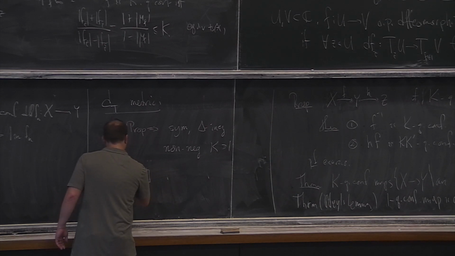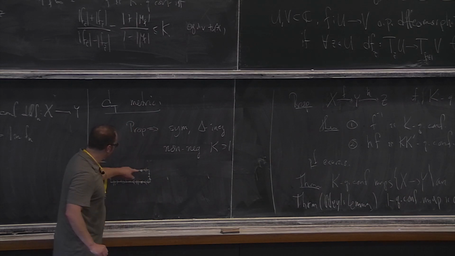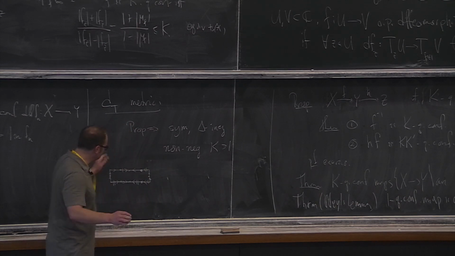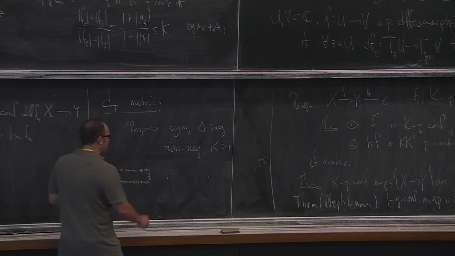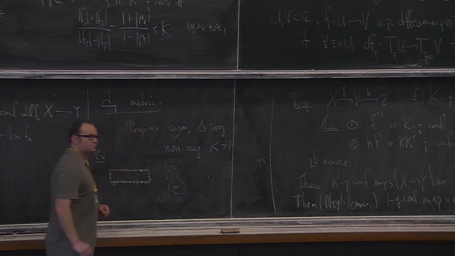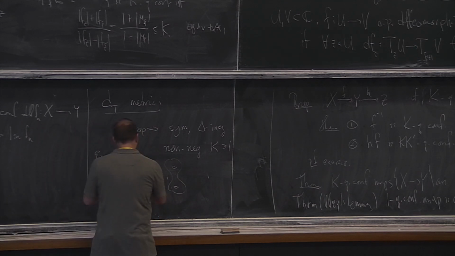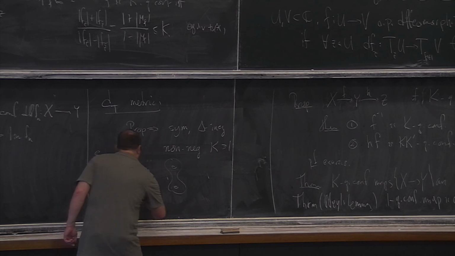The top is cut up into 4 segments, the bottom into 4 segments, let's say of equal length. I glue them together and I get a genus 2 surface. And now let me look at the map. I can do the same thing, but with a different shape rectangle.